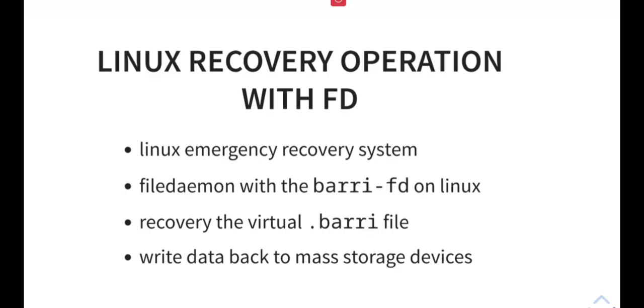It is then able to receive the Barri file during restore and write the information directly to the mass storage devices, including repartitioning, creating the file systems, and putting all data back. And after the live Linux has recovered the data, you can just reboot the machine and it will start up and have the same status as it had when it was backed up.